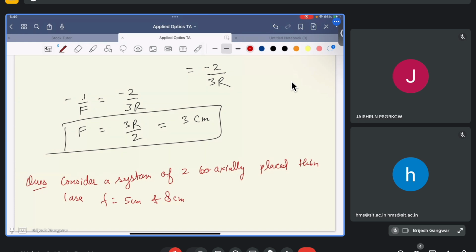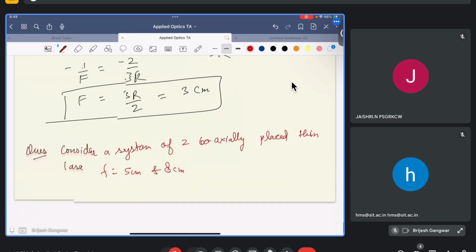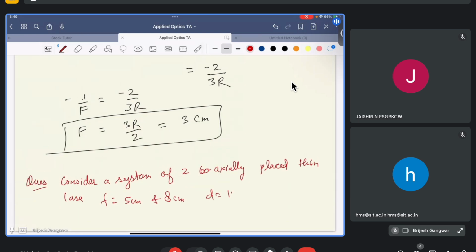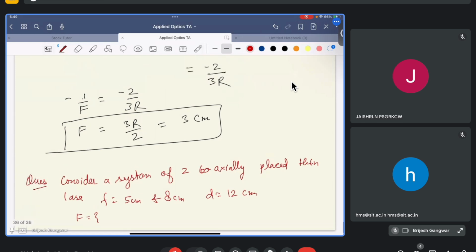The lenses are separated by 12 centimeter. The focal length of the system will be, we have to find the combined focal length.